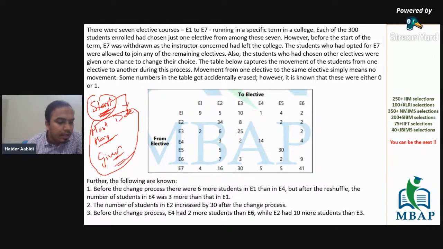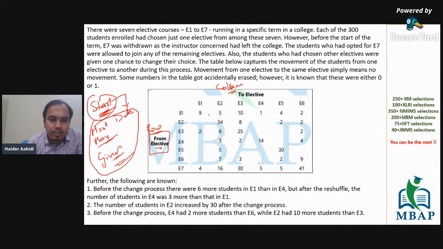Let me just see if there are any chat messages. No, perfect, I think everyone is cool till here. So let us do a quick check. This is E1, and obviously the row is talking about the elective before the shuffling, and all the column wise is after the shuffling.